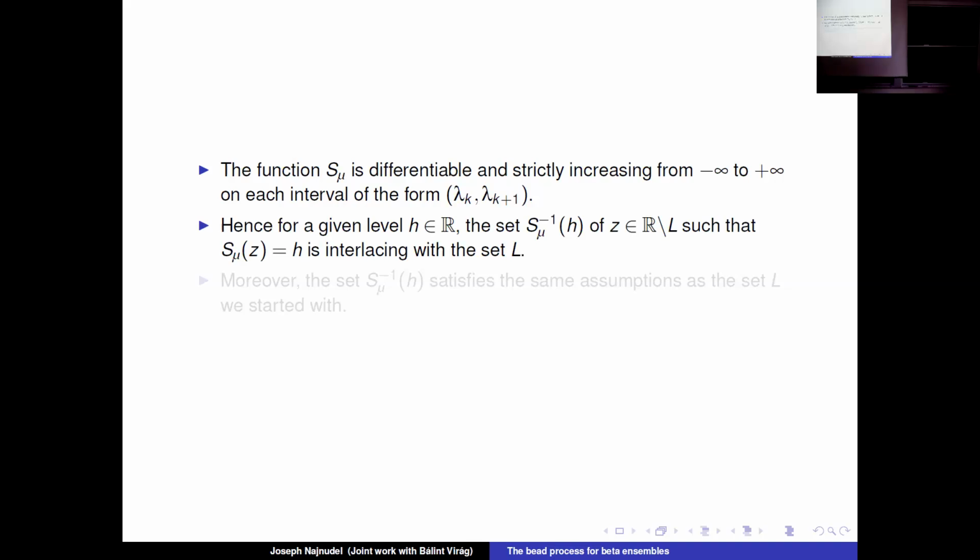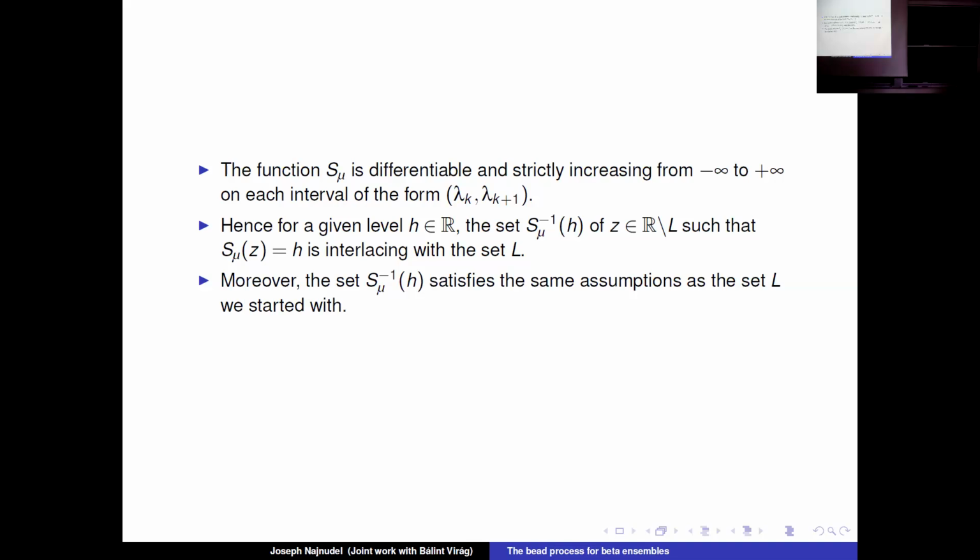If we have a point process lambda k, then we get new points interlacing by taking these level lines. Moreover, this new set satisfies the assumptions we used for lambda, because interlacing means that in intervals we have a difference of at most 1 point, more or less. So the asymptotics are the same.